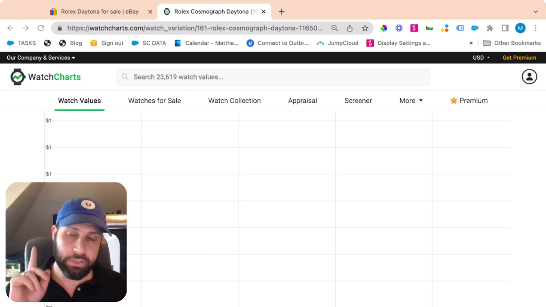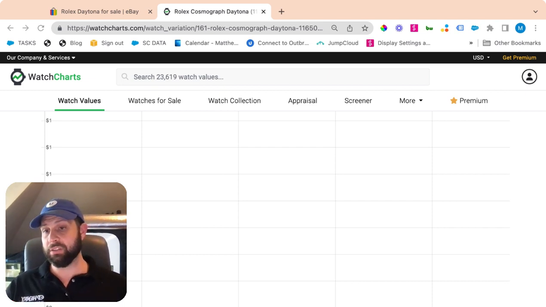This is actually a pretty good indicator that this watch is probably a good thing to look to buy. It's also an indicator that this watch is increasing in liquidity, but not very liquid, right?